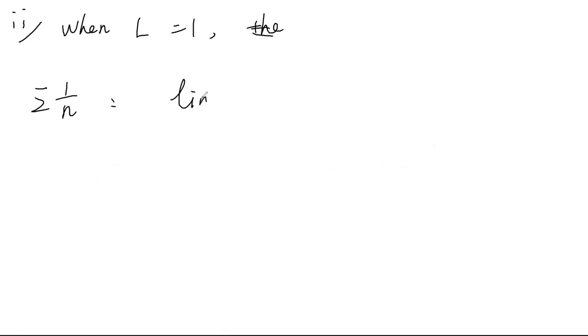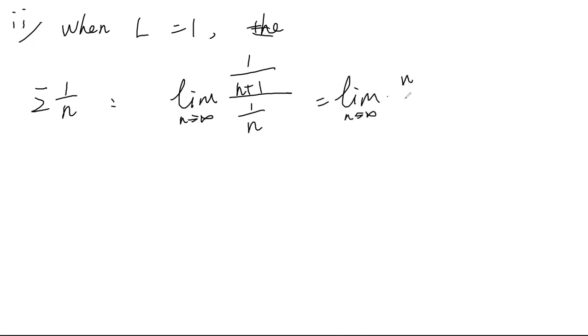If you calculate the limit as n approaches infinity of the ratio of two adjacent terms, you get 1 over n plus 1 divided by 1 over n, which is the limit of n divided by n plus 1, and this is equal to 1. But this series is a p-series with p equal to 1, or you can call it the harmonic series. This is a divergent series.